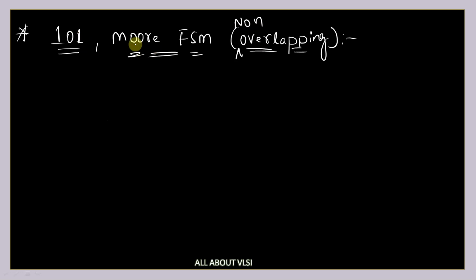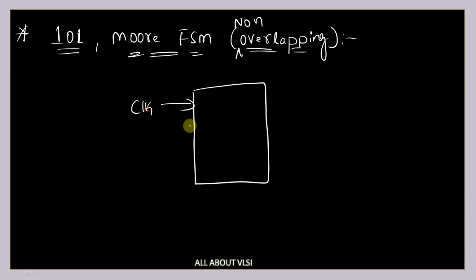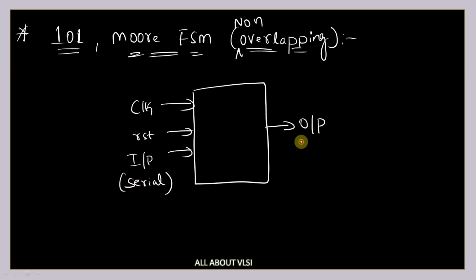I want to draw the Moore FSM. So the same circuit I am going to consider. This is my circuit, where I have a clock signal, a reset signal, and a serial input. Whenever the sequence has been detected, I get my output equal to 1, else my output will be 0.